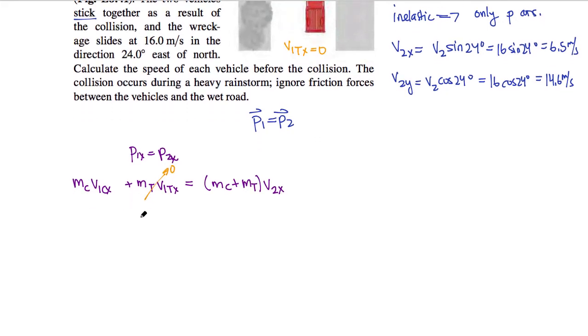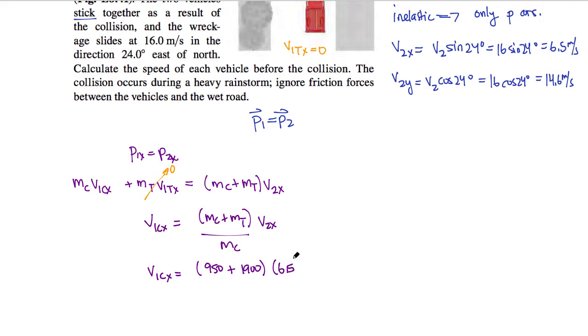So if I want to find the initial x velocity of the car, I will have v1 c of x equals the sum of the two masses times their final speed over just the mass of the car. So v1c in the x direction will be 950 kilograms plus 1900 kilograms times their final speed in the x direction, which will be 6.5 meters per second, over the mass of the car, which is just 950 kilograms.